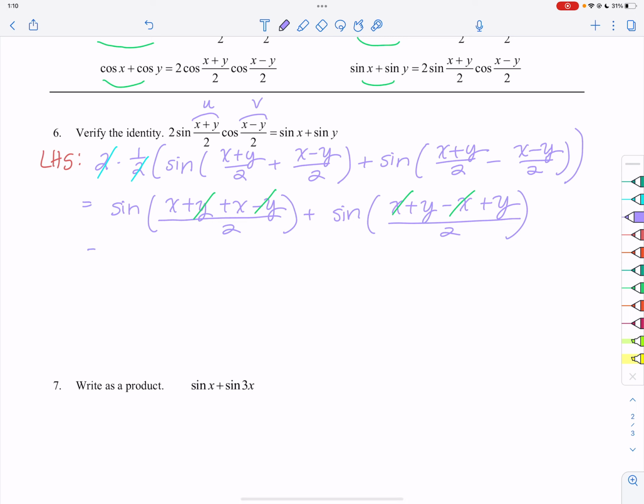And then we end up with the sine of 2x over 2 plus the sine of 2y over 2, and we have the sine of x plus the sine of y.